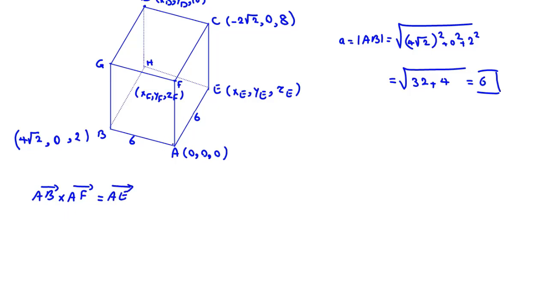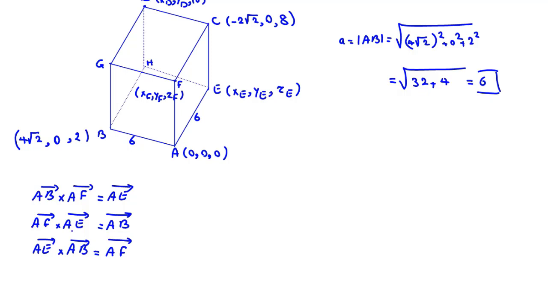Now, because it is perpendicular to this, AF cross product AE: if you close your hand from F to E, your thumb will be in the direction of AB. So AF cross AE is AB. For AB, AE, you should close your hand from E to B: AE cross product AB equals AF.